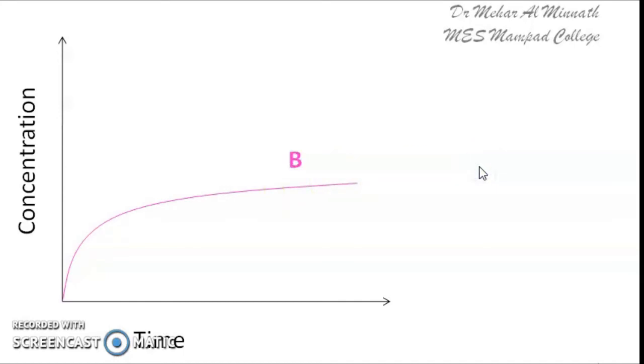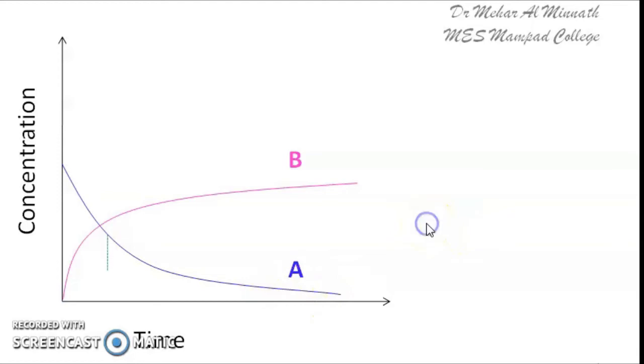So this will be the pattern of the plot of increase in the concentration of the product B. Similarly, if we plot a graph in terms of the concentration of reactant A, it will be in this way. The concentration decreases. Initially there will be a sudden decrease, and then slowly the change in concentration is not much. The decrease is very slow.